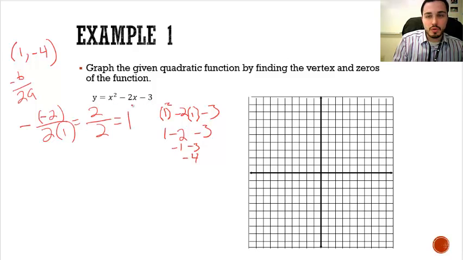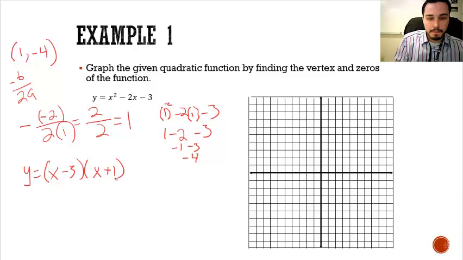I need to factor this equation and solve it in order to tell what the zeros are. So factoring, let's see what multiplies to negative 3 and adds to negative 2. That's going to be negative 3 and positive 1. So I write that x minus 3 and x plus 1. Then using that, I can tell that the zeros have to be just the opposite signs.